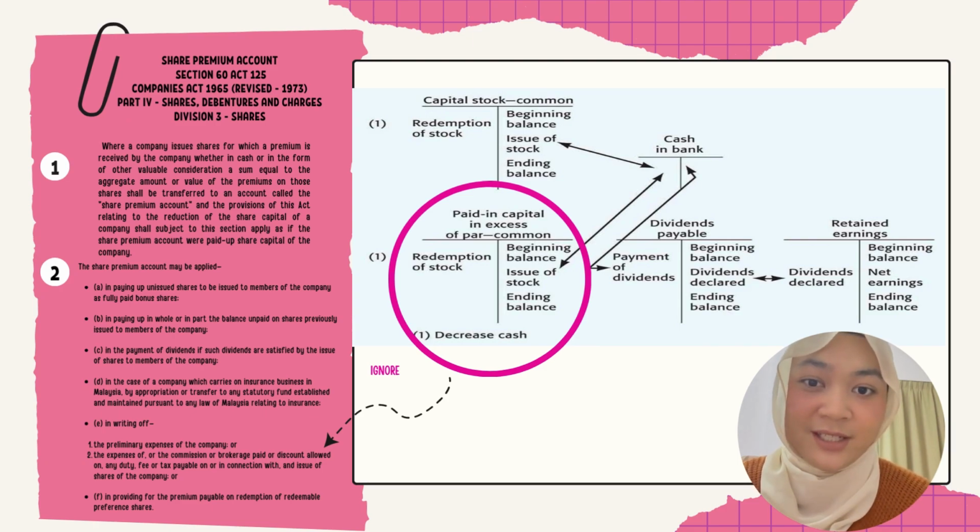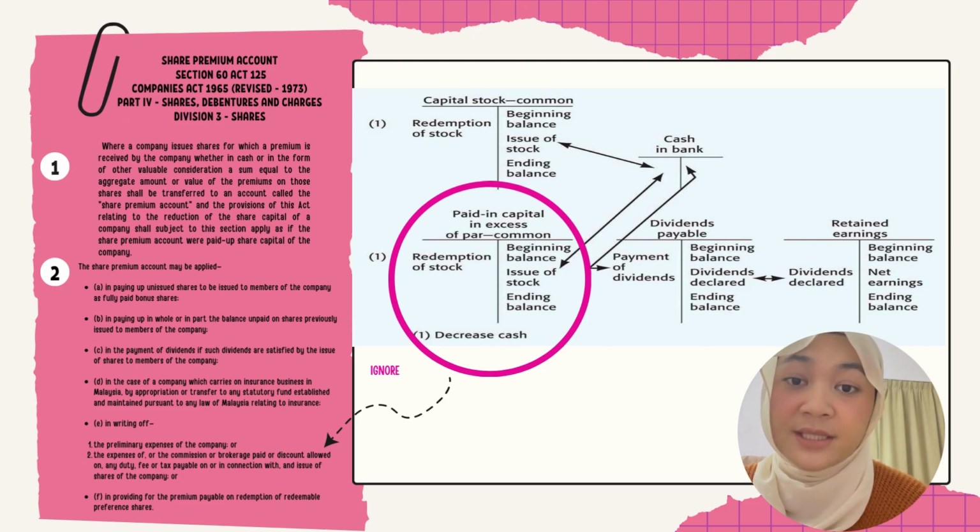Okay, moving on to the next slide, which is the information about share premium account according to Section 60 of the Companies Act 1965, which has been revised in the year 1973, Part 4, Shares, Debentures and Charges, Division 3, about shares.